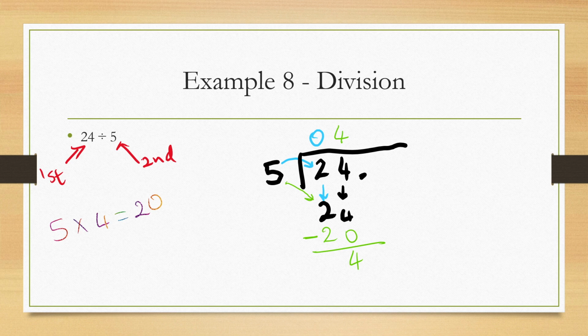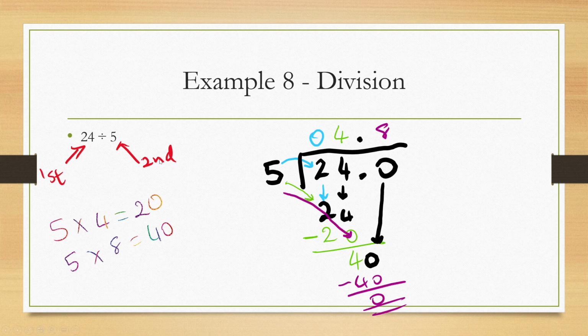Now you're going to put the decimal point there, and you're going to put a 0 after it. And you're going to bring the 0 down next to this 4 here. Now this becomes 40. Now you're going to look to see how many 5s go into 40 down here, okay? I know for a fact that 5 times 8 equals 40.